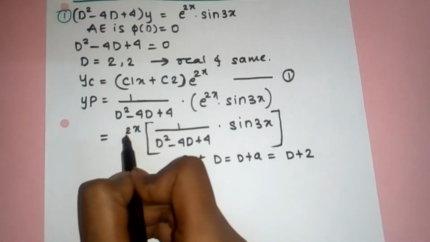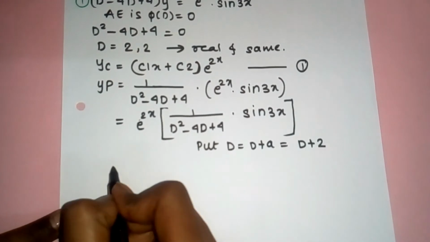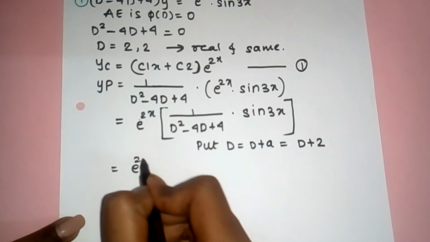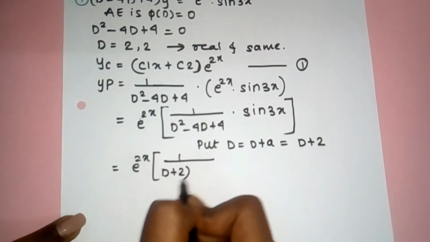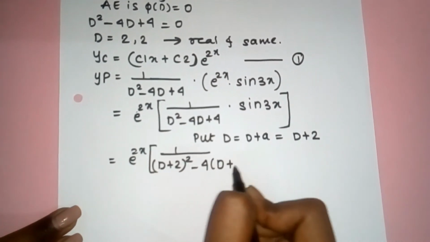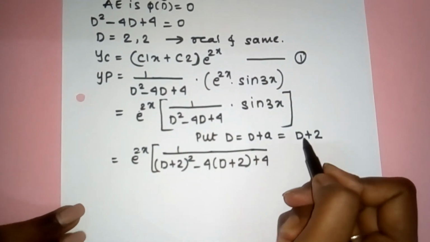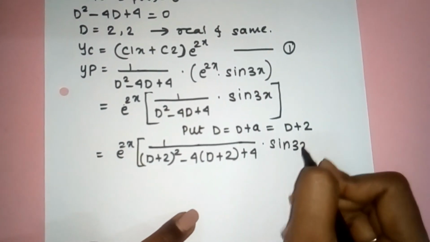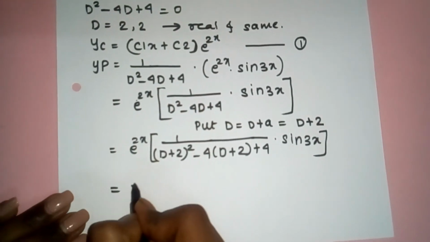Because this is e raised to 2x, that's why we are taking it d plus 2. So after putting, wherever we have d, we have to put d plus 2. E raised to 2x into 1 upon d plus 2 whole square minus 4 into d plus 2 plus 4, into sin 3x.